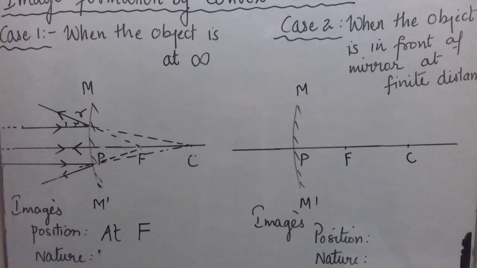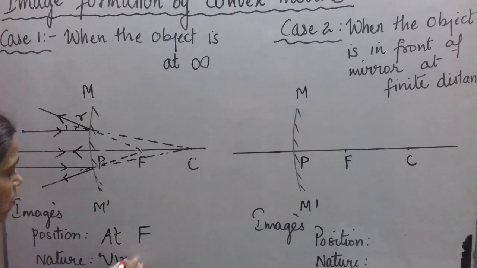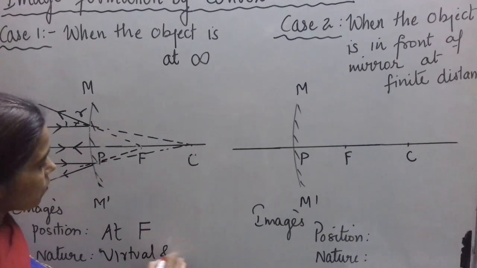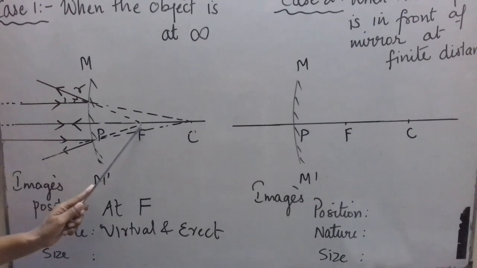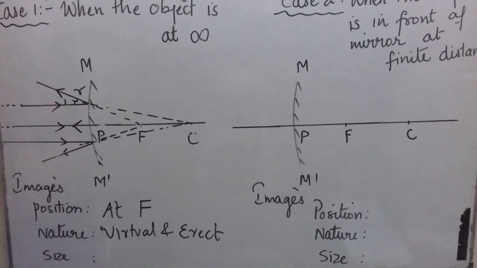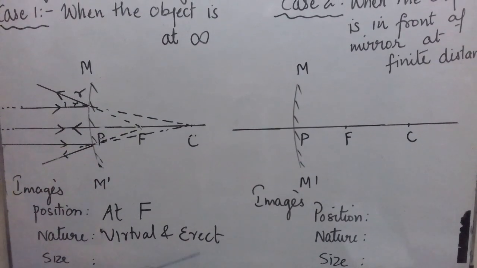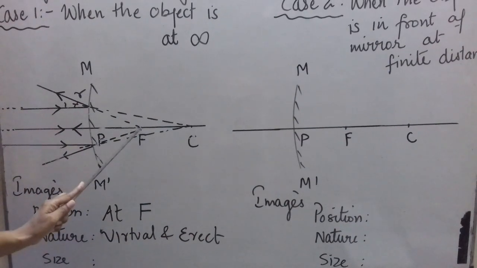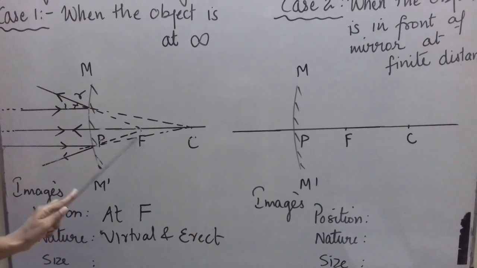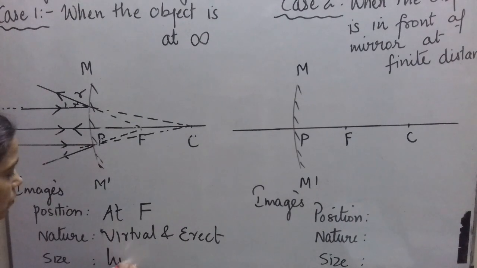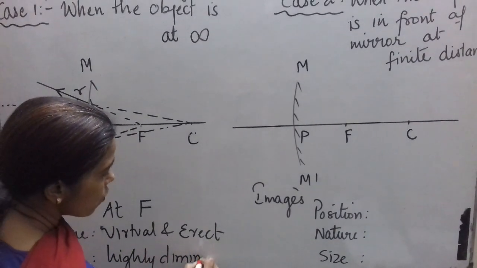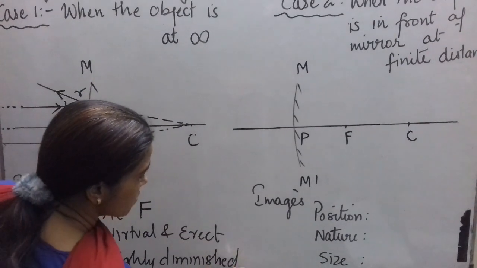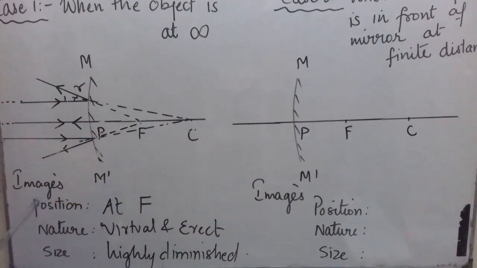Yes, it will be virtual and erect. Because when the rays actually meet, then it is real and inverted. Here the rays appear to meet after reflection. So the image is virtual and erect. Since they are meeting at one small point, the focus, the size will be highly diminished or very small. We can also say point size image.